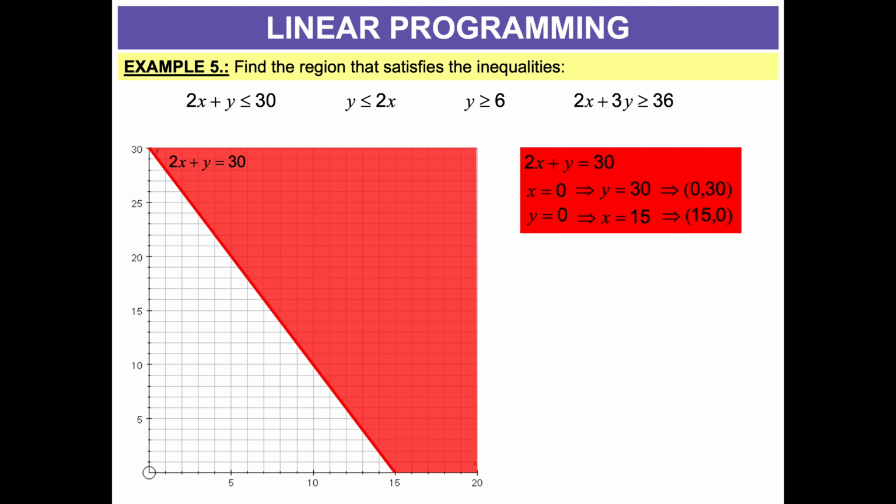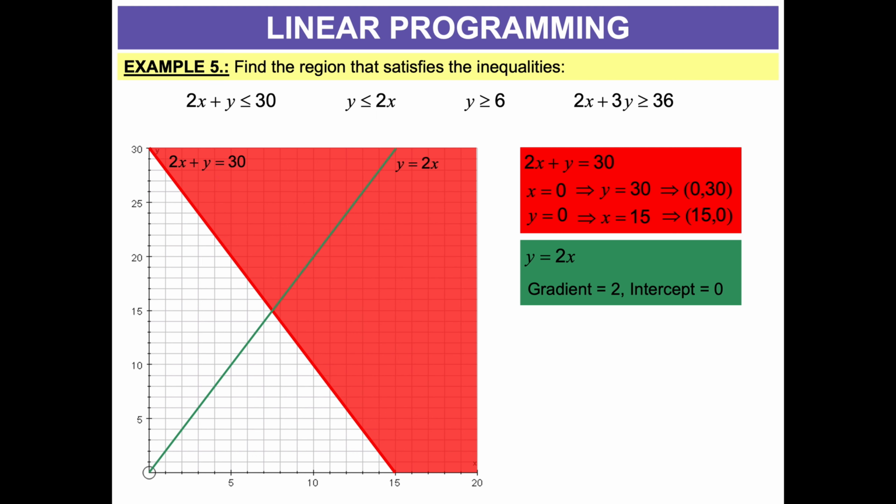That's up to you. Then second inequality, I'll change it first to equation. y is equal to 2x. Identify either 2 points, or you can use the gradient intercept form to sketch the line. So it's passing through 0, 0, and the gradient is 2. Then you have the line, and then you can test any point that is not on the line.